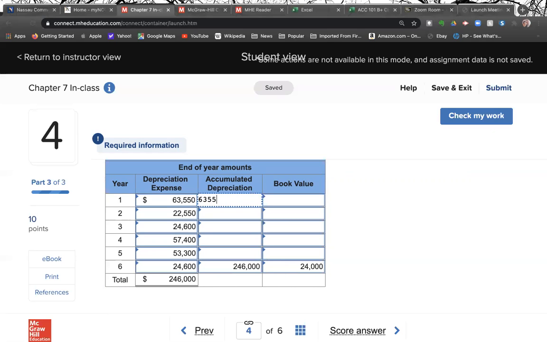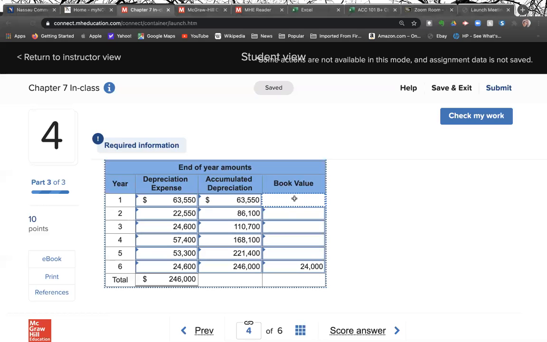So this is 63,550. This was 86,100. This was 110,700. This was 168,100. This was 221,400. Right?